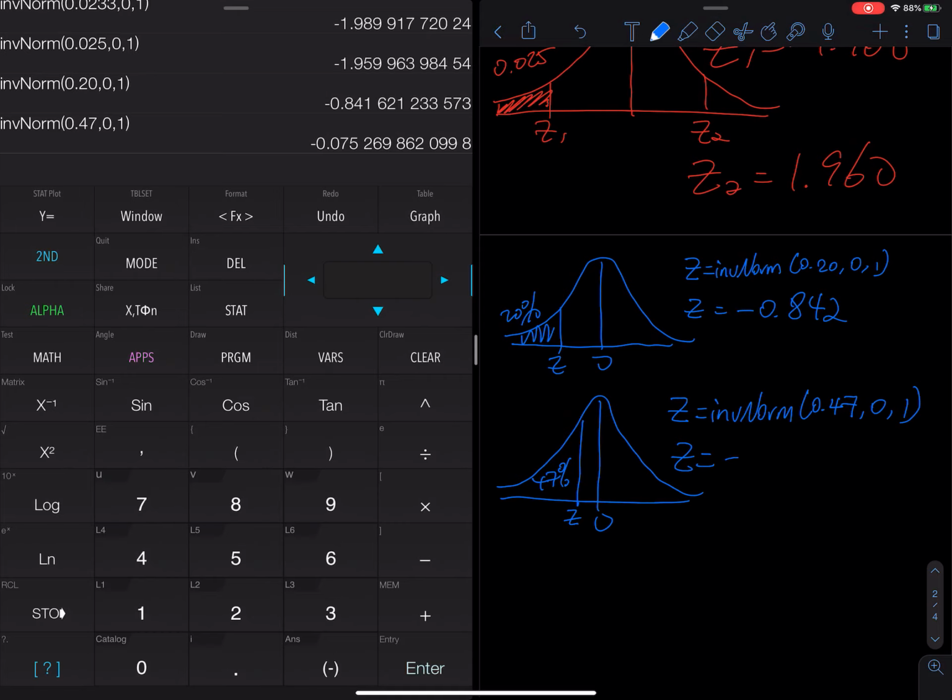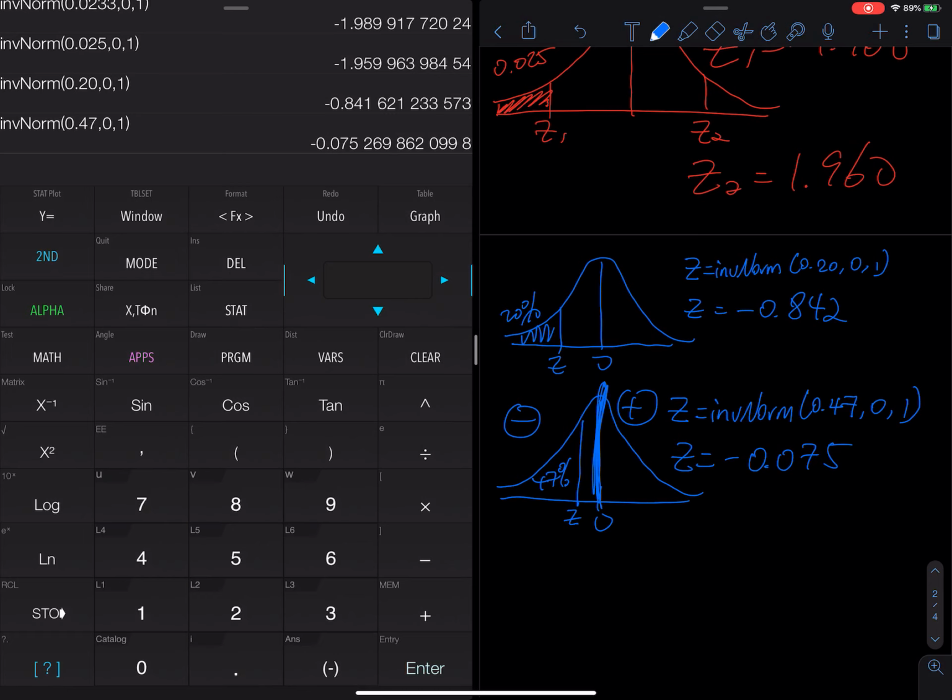And then that is negative 0.075. Do I need to remove the negative? No, because the 20% and the 47% are on the left. We do not remove any negative. 0 is in the middle, negative on the left, positive on the right.